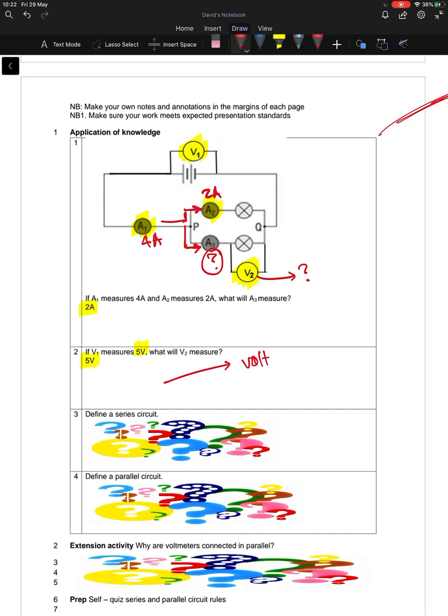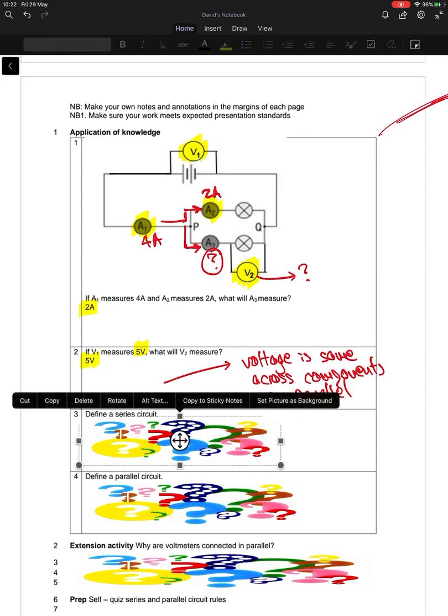So that's because voltage is the same across components in parallel.